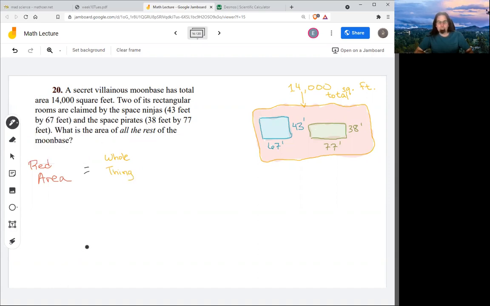And then what? We have to get rid of these 2 rectangles. What arithmetic will I do?